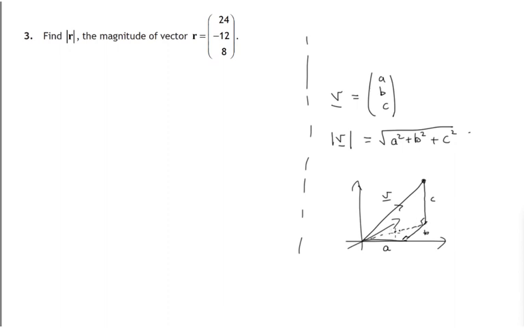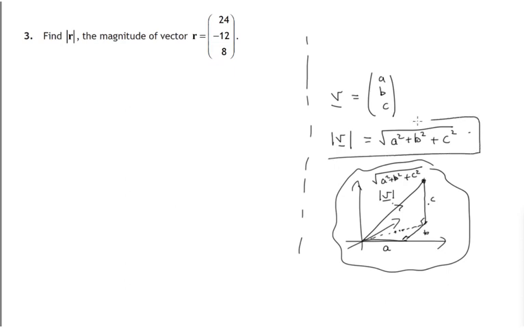The square of that's a squared plus b squared plus c squared, square rooted, to give you that. So the length of this line is actually the square root of a squared plus b squared, coming from this line, plus c squared, coming from this line. So they're all right angled triangles and using Pythagoras and so on. If you didn't understand that, it doesn't matter.